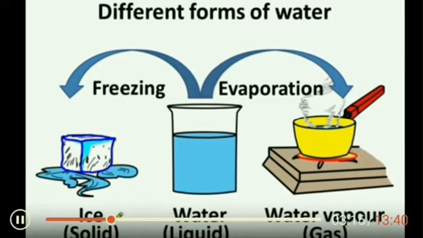Ice cubes are examples of solid. Does an ice cube occupy any space? Yes. Does an ice cube have any particular shape? Yes. So, solids have particular shape and volume. Let us discuss states of matter in detail.